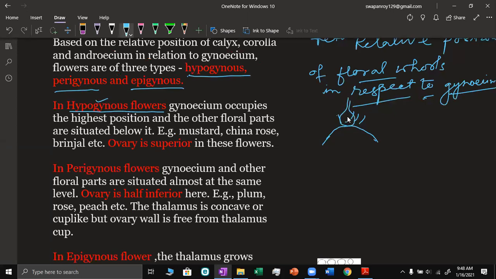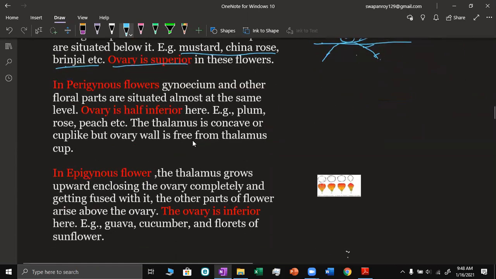The ovary is here and all others will be naturally below the level of the ovary. So they are called hypogynous flowers. In this case, ovary position is superior.